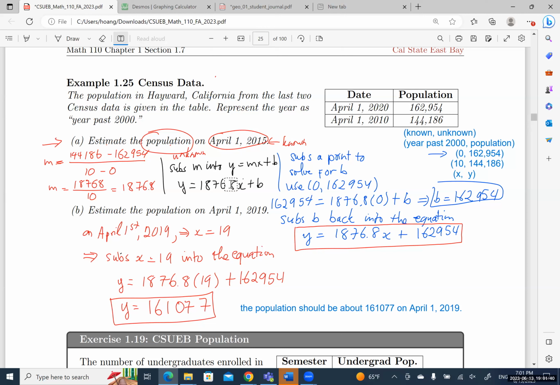I forgot to do part A. Okay, so here's part B, and part A. I need to substitute x equals 15, because 2015.